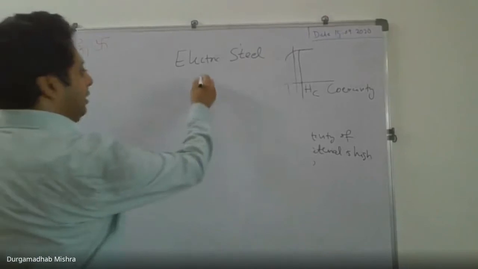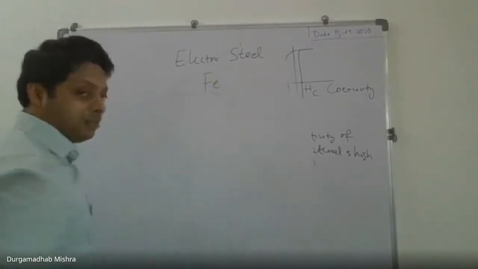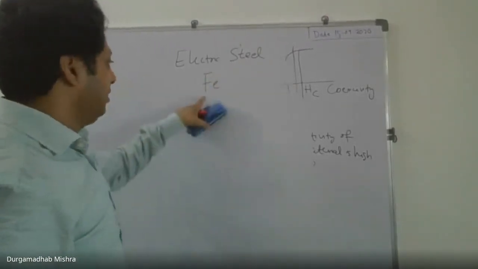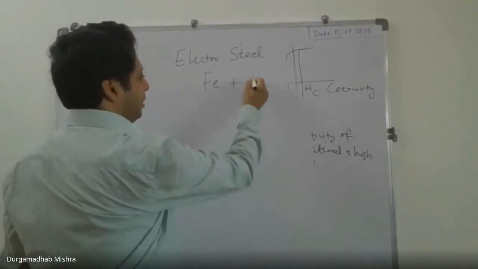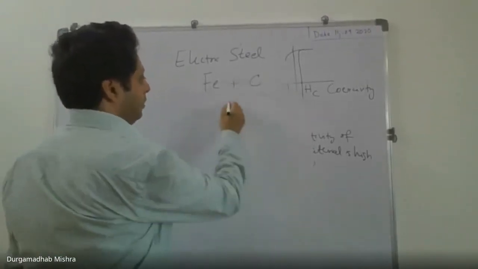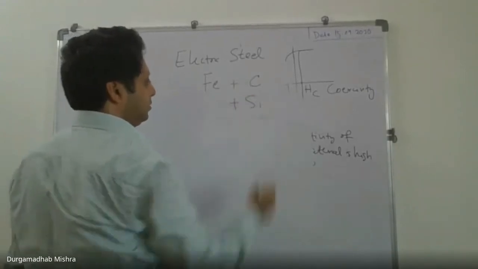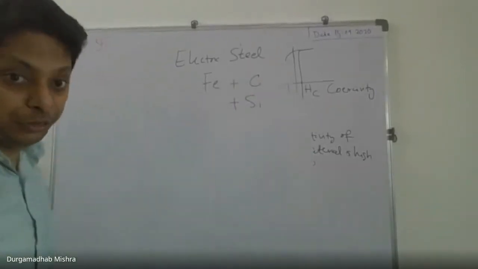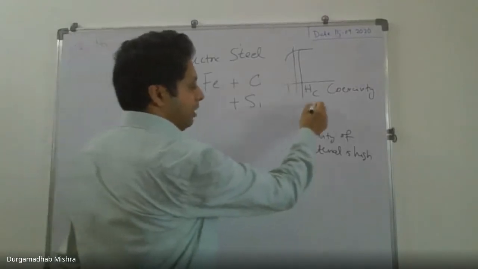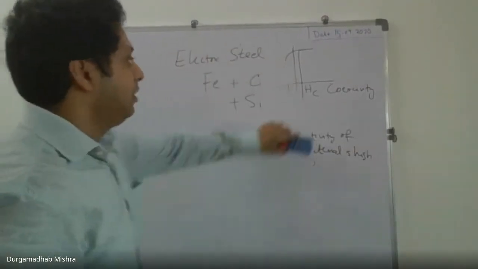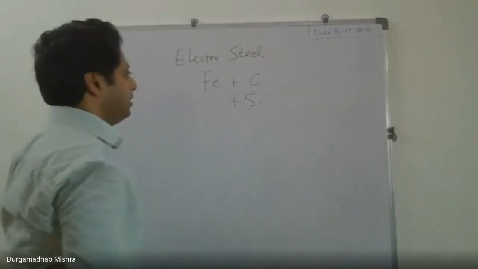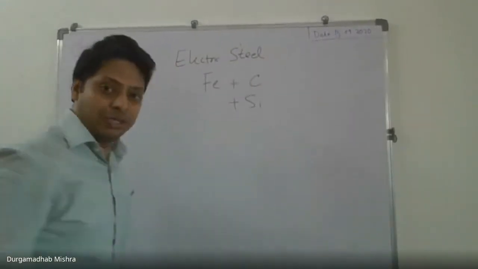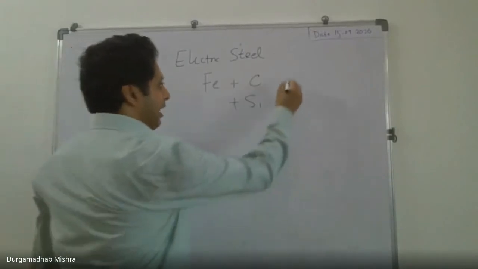Okay, so steel means it is majorly an iron component mixed with either carbon or silicon. So there are different kinds of steels you can get. Of course there can be some other impurities as well, but primarily these are the components. So iron plus carbon or iron plus silicon. These are like the alloys we discussed.